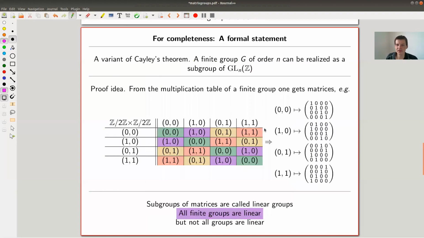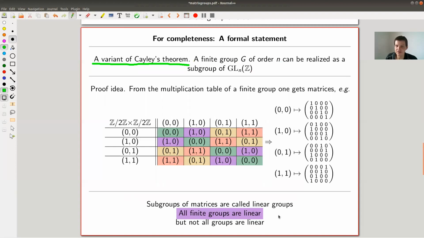But the formal statement I would like to sell you today is not quite what I want to say in the end, but something you see very often in a first class on groups, slightly differently formulated. Basically, there's Cayley's theorem, or a variant of it, which says a finite group of order n can always be realized as a subgroup of matrices.